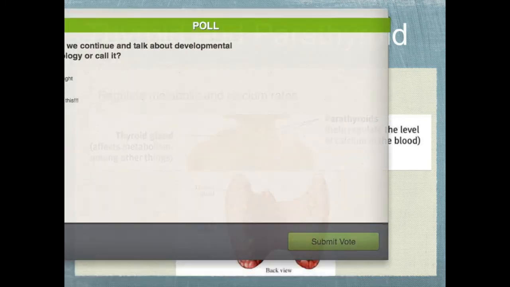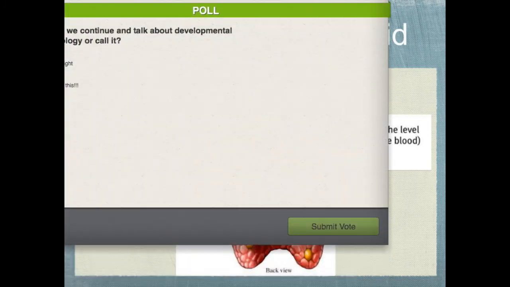All right. This is going to dictate what we do. Here's the poll. Wow. All right, so 83% said, let's do this. Cool, I'm all for it. 2 people said, good night.